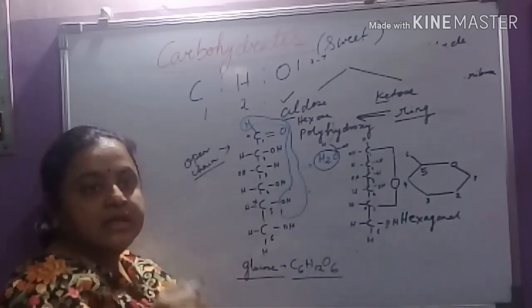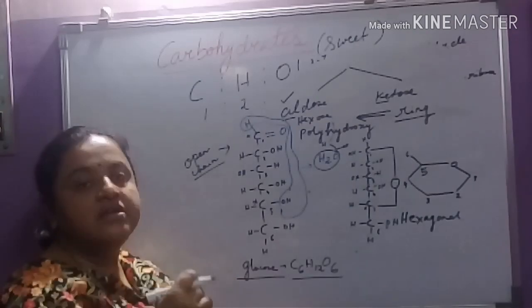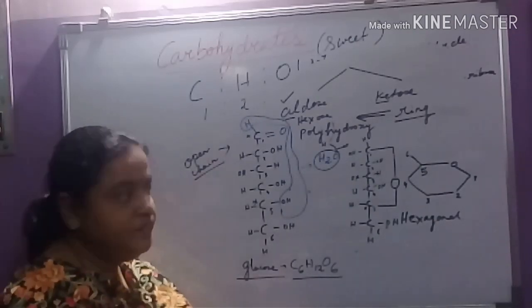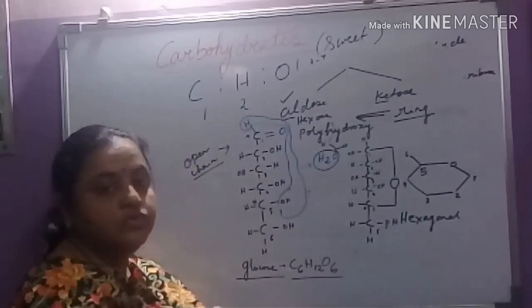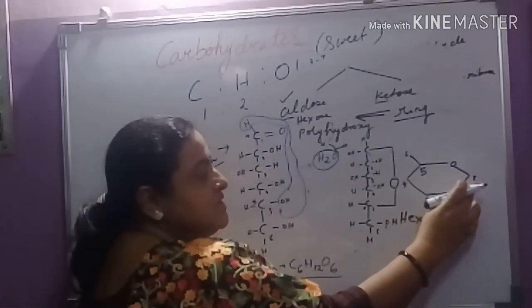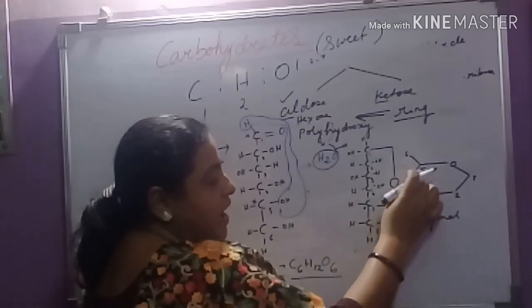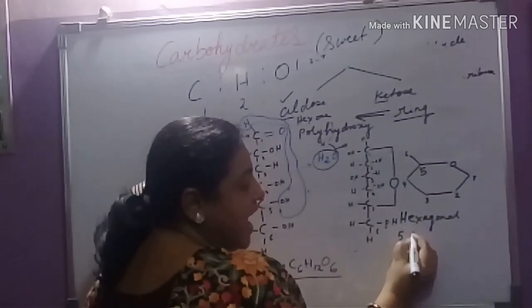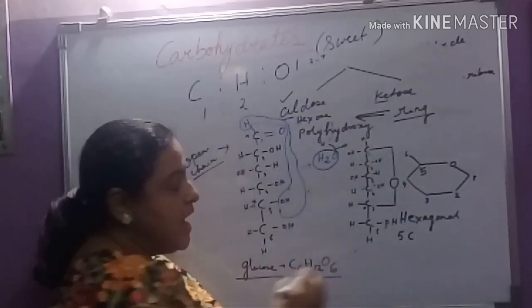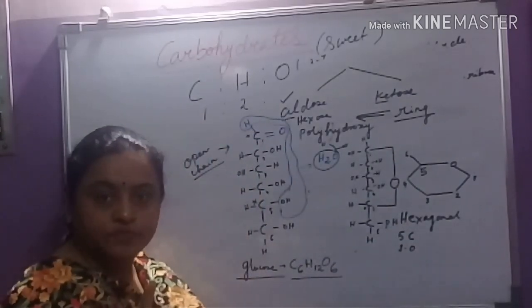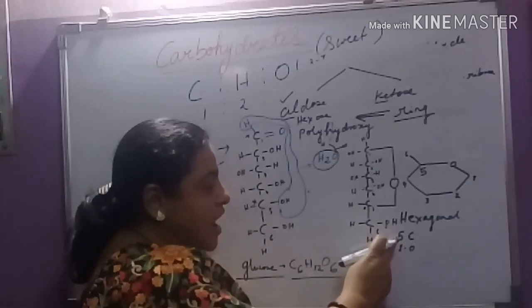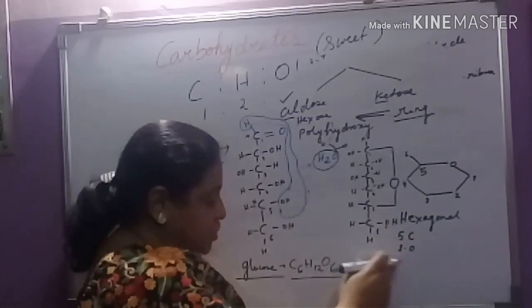Heterocyclic rings means that apart from carbon, there is another different atom in it, and that atom is oxygen. Now if you look into the constitution, how many carbons are there? 1, 2, 3, 4 and 5. So this ring has 5 carbons and 1 oxygen, but it is a hexagonal ring.